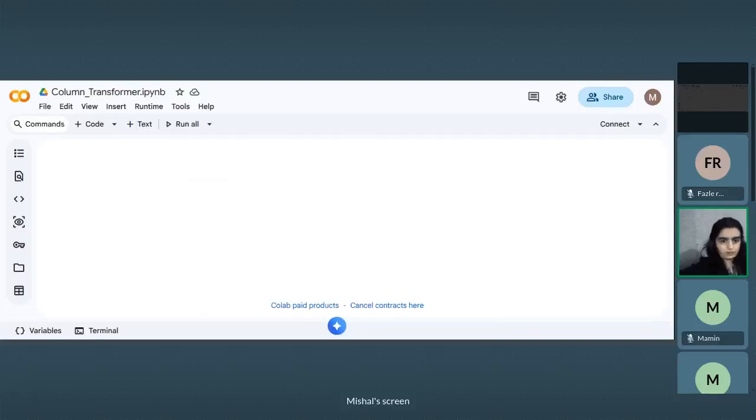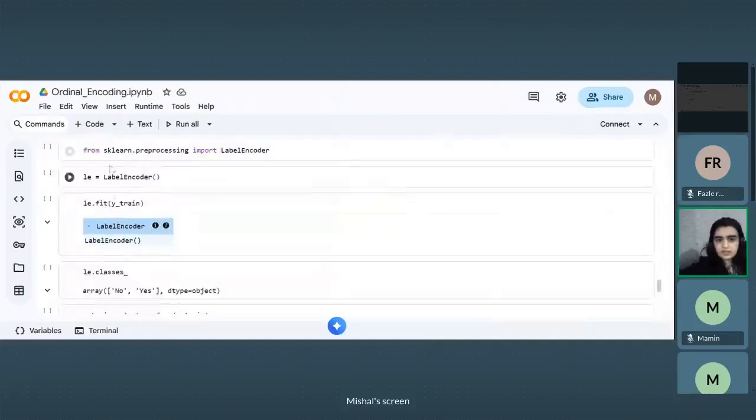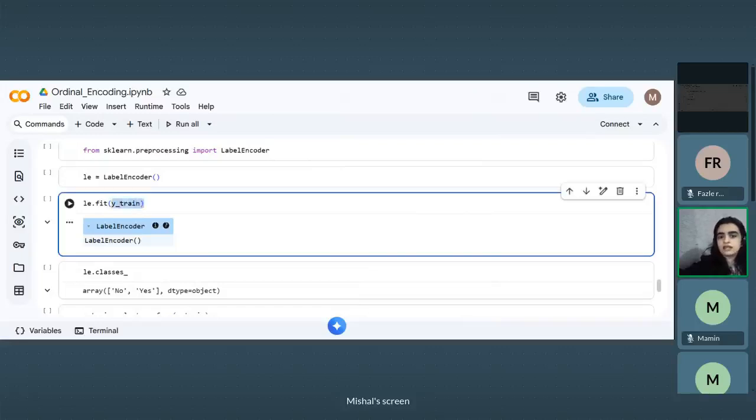Yeah, here it is. We need to import it from sklearn.preprocessing, LabelEncoder. We need to make its object, and then we apply it on our output column. We keep the output column information in Y, that's why we have mentioned Y train here.